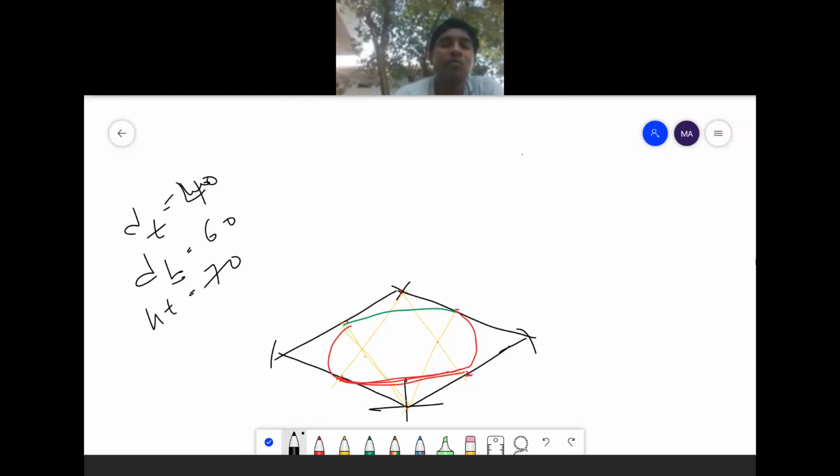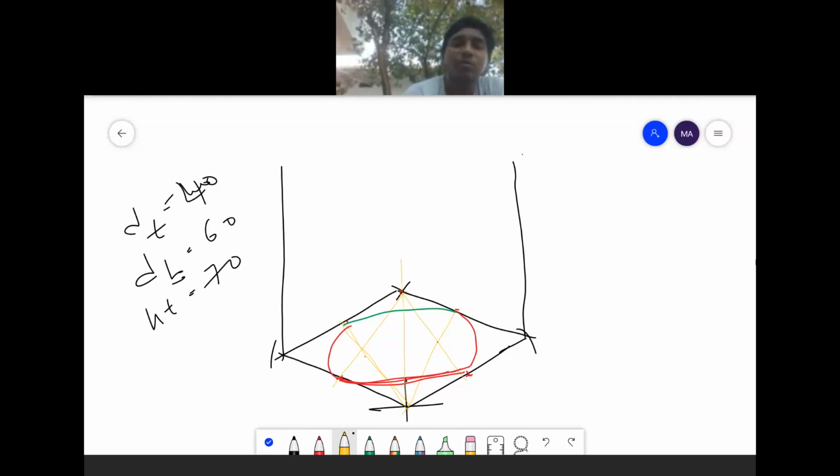After that, the given height is 70 mm, so I am extending the midpoint to 70. After that I am joining this one. Then I am extending from the top vertex to 70 and joining this one as well.